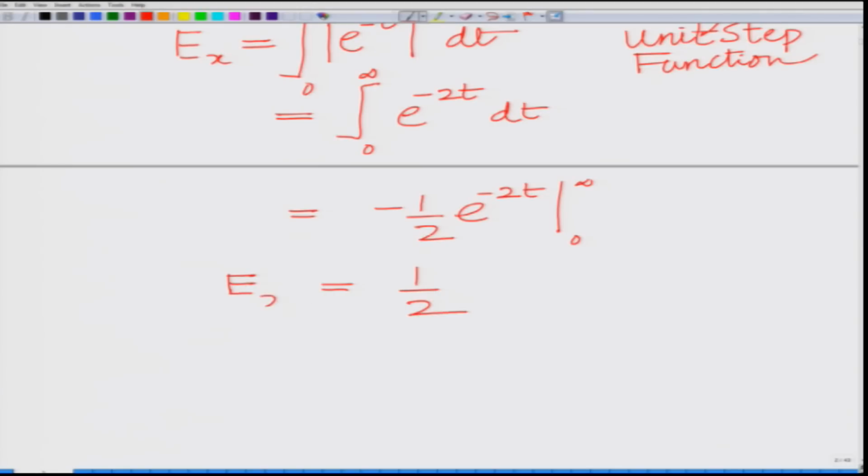So, we obtain a total signal energy, that is, Ex equal to half for x(t) equals e to the power of minus t into u(t). Okay. So, that is the energy of this signal. All right.